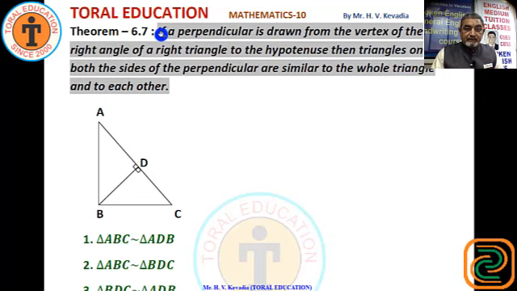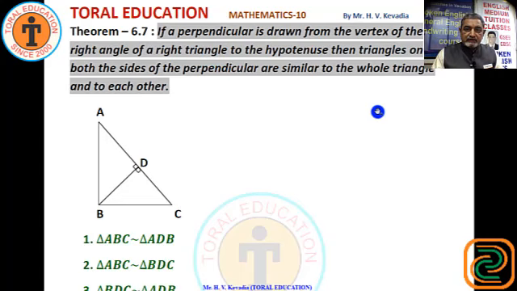Okay, if a perpendicular is drawn from the vertex of the right angle, look at the figure. B is the right angle and perpendicular BD is drawn on AC. Here it is written: perpendicular drawn from the vertex of the right angle of a triangle to the hypotenuse.